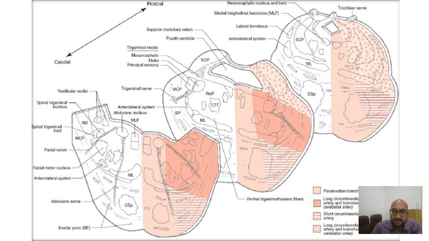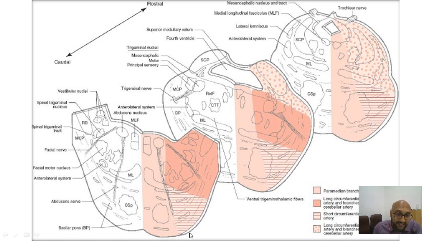If the blood supply of a region is blocked, you can predict what features the patient is going to develop, and vice versa. When a patient comes with a certain complex of symptoms or signs, you can immediately understand which artery was possibly affected, and knowing which artery has been affected, you would know relatively what the cause was.